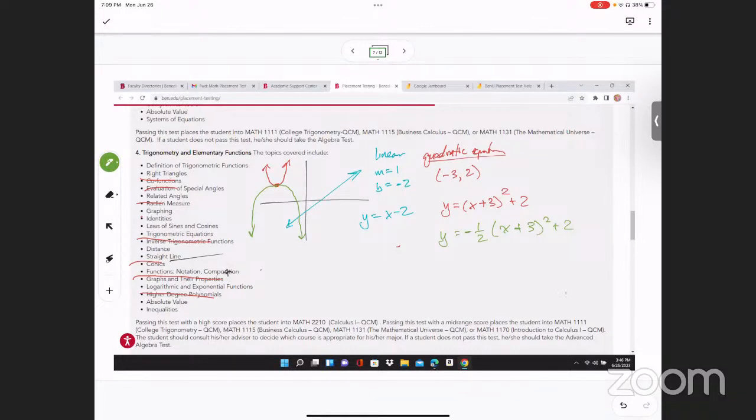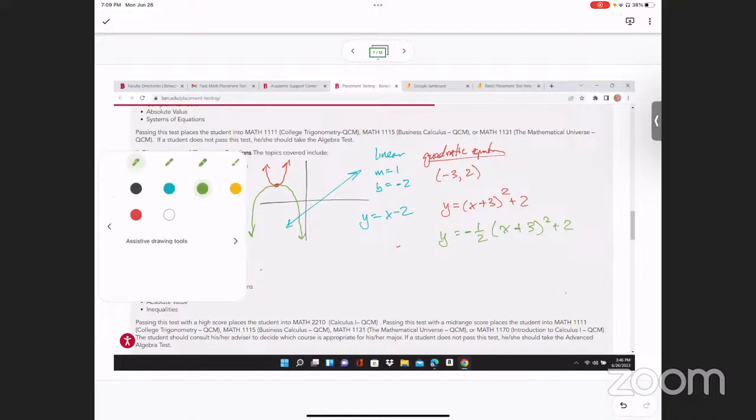It depends on the kind of graph. If it's an even or odd function, it depends on a couple of different things.